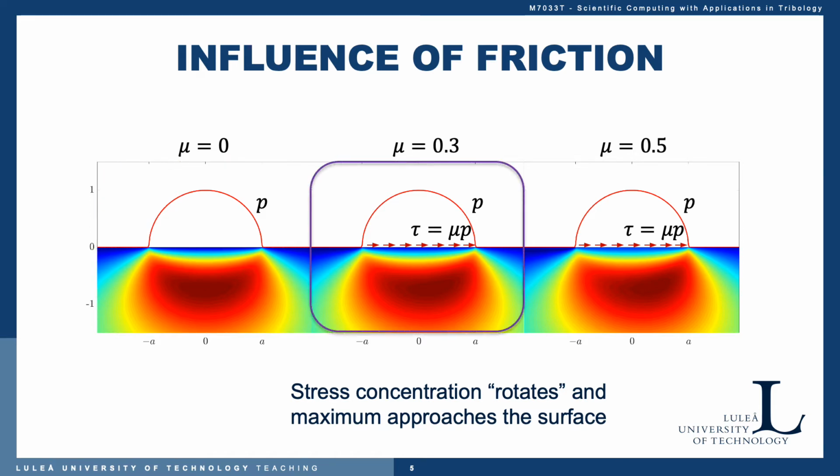When we add a little bit of Coulomb friction, mu equals 0.3, and then we have a tangential traction on the surface, tau equals mu p, then this shear stress distribution shifts a little bit to the right, and the maximum moves both to the right and a little bit upwards. And this is more and more pronounced as we increase the friction.